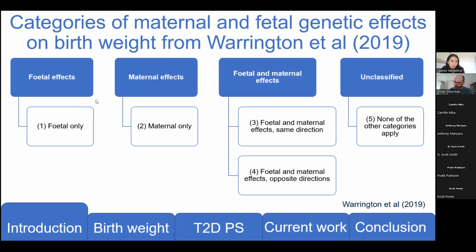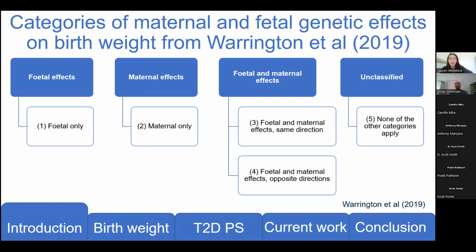Some were fetal effects, so basically they were only significantly associated with birth weight within the fetal GWAS. There were also, number 2, variants that were only identified as significant in the maternal GWAS. There were some variants that were shared between the GWAS, so stuff that basically acted in the same direction with respect to birth weight between the maternal and fetal GWAS, and some that worked in opposite directions. So it kind of canceled out if you were to analyze all the people pooled together.